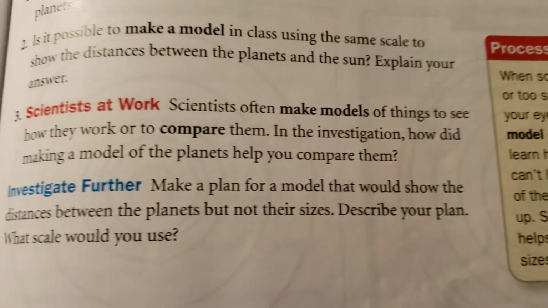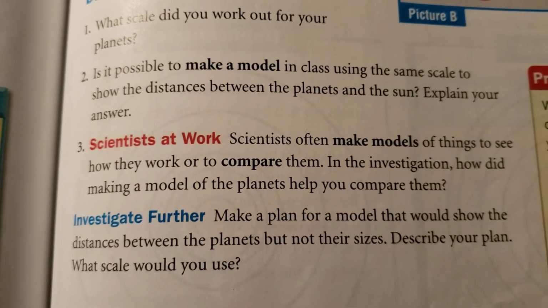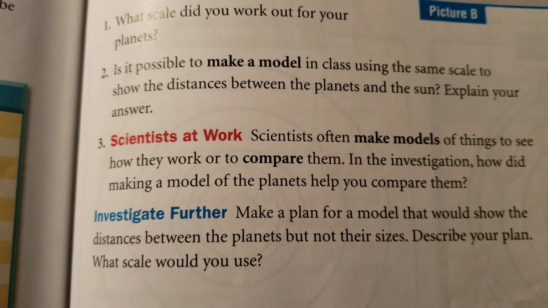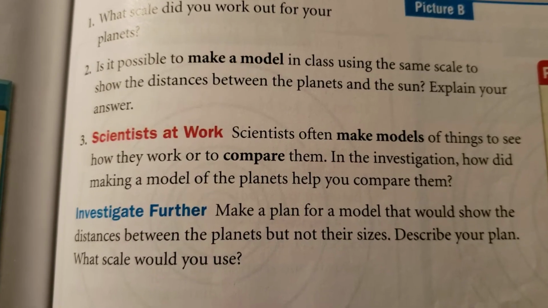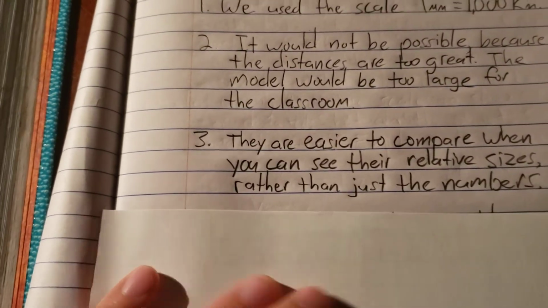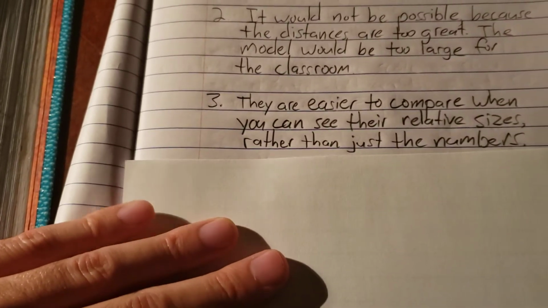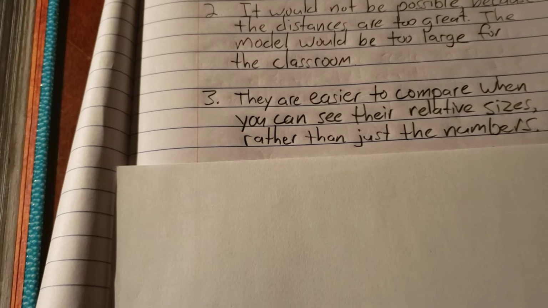Question 3: Scientists often make models of things to see how they work or to compare them. In the investigation, how did making a model of the planets help us compare them? It made it easier to see. Planets are easy to compare when you can see their relative sizes rather than just the numbers.